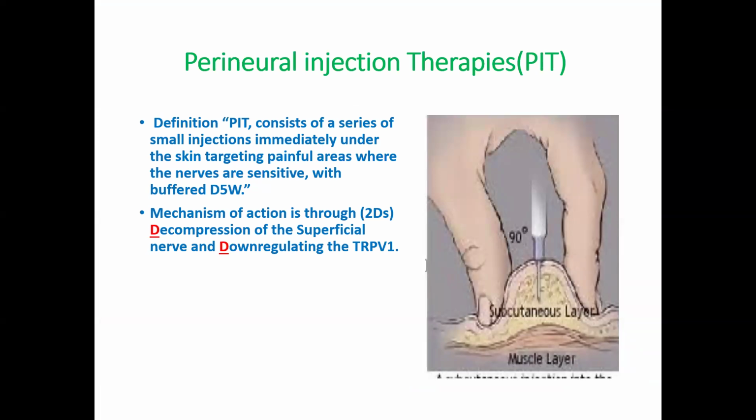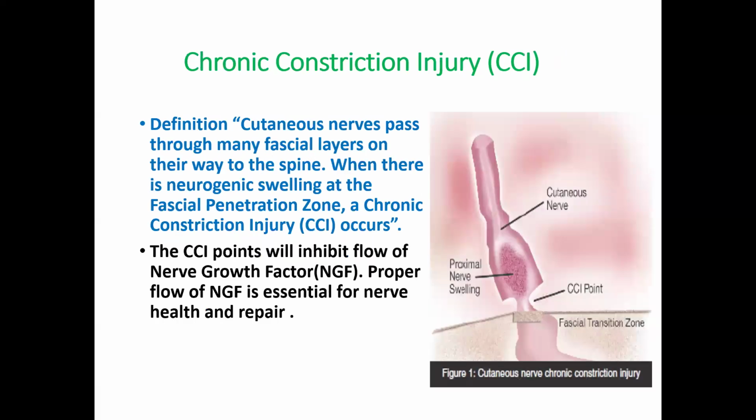When you do inject dextrose 5%, you, number one, decompress superficial nerves, and also you downregulate the TRPV1, what we call the vanilloid receptors. All right, so how do we decompress? The theory is as the nerve comes out of the fascial transitional zone, there's a constriction injury here.